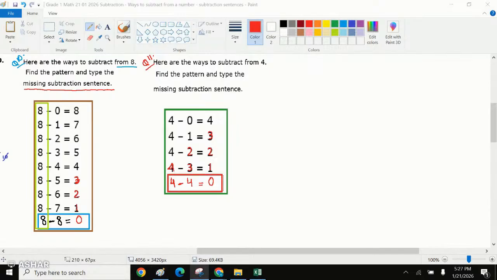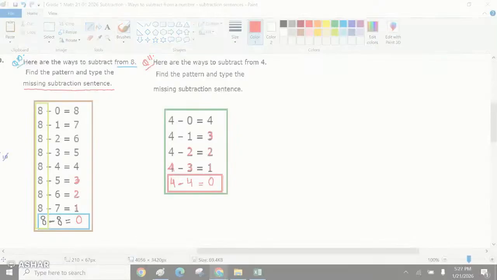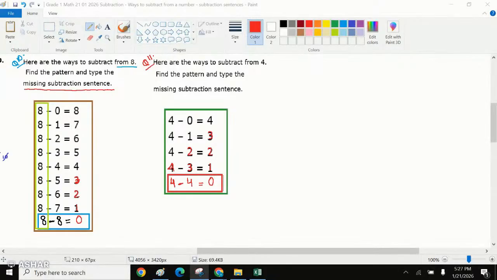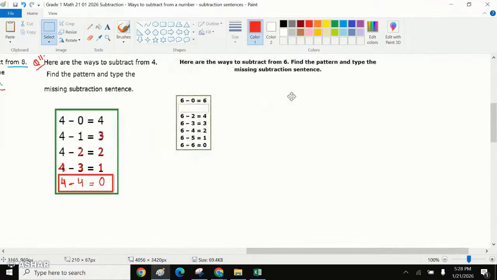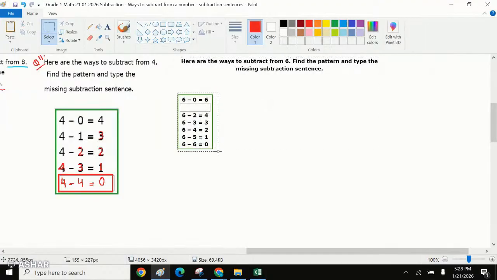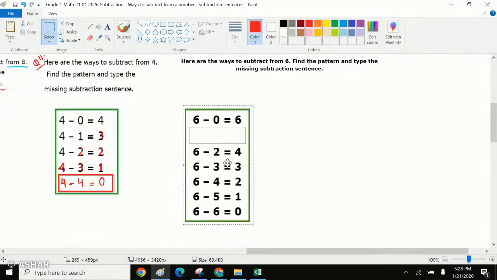Okay. Let's say if we skip a lot of numbers in this, okay? For the next question, it says subtract from 6. The next question, we are subtracting from 6. We will move these numbers. Let me just copy this.